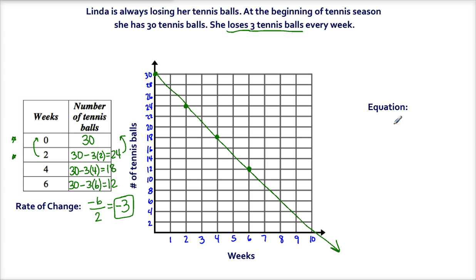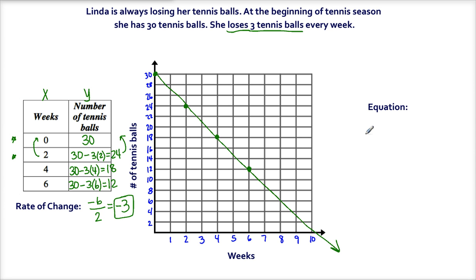Now let's go ahead and write the equation. So remember, the equation comes from the pattern that I followed to fill in my table. So x represents the number of weeks that have passed. Y represents the number of tennis balls she has left.